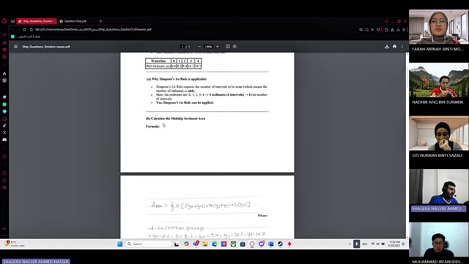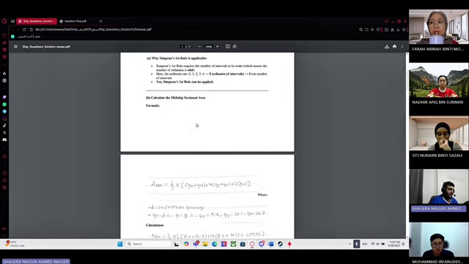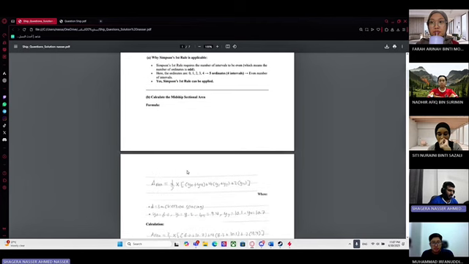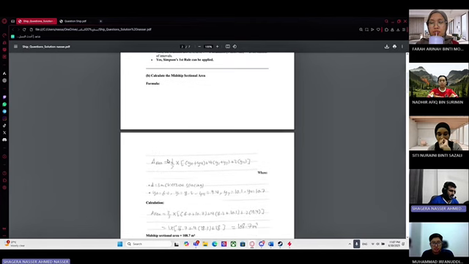To calculate, we use the formula: area equals h over 3 times y0 plus y4 plus 4 times y1 plus y3 plus 2 times y2.